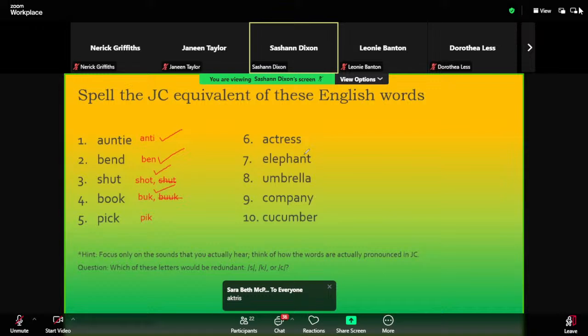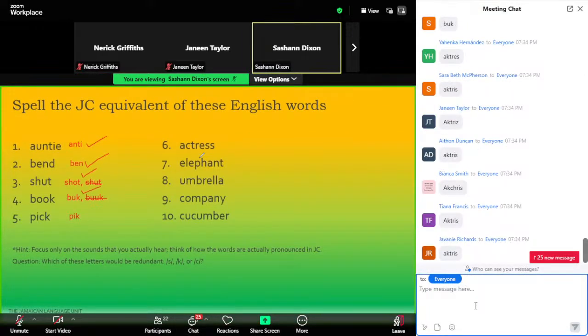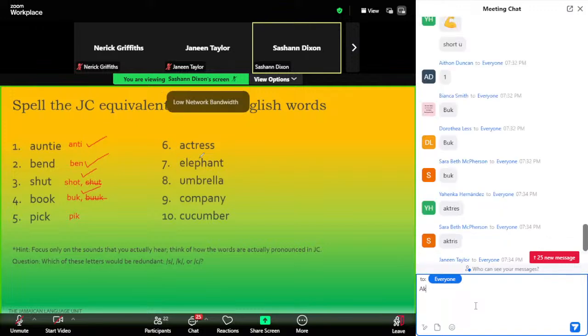Interesting. Actress. I'm seeing a lot of AKs, which is good. Remember, accept and actress. Should be seeing a connection there. Great. Okay.